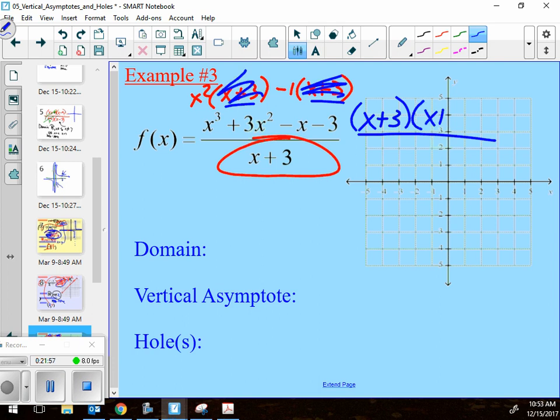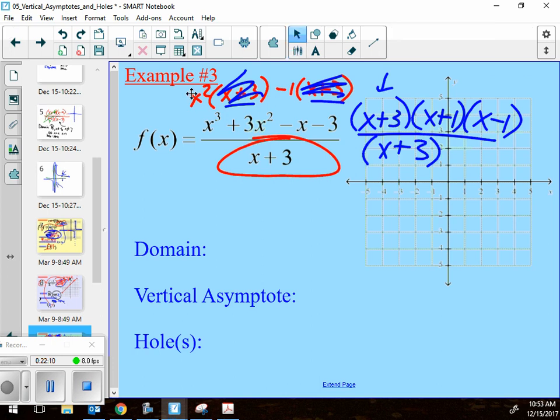But I'm smart enough to know that that's x plus 1 and x minus 1. You don't have to have factored that, because the main thing we had to get factored was the x plus 3. Because why? Because there's 1 on the bottom too. And that creates a hole. Okay, so those two cancel and create a hole.